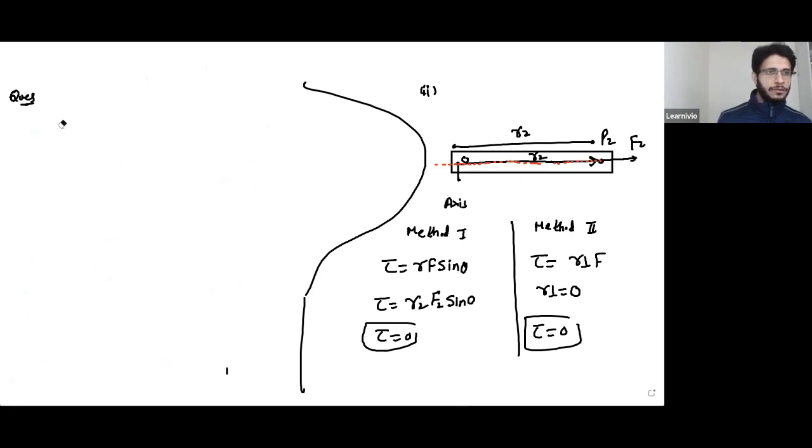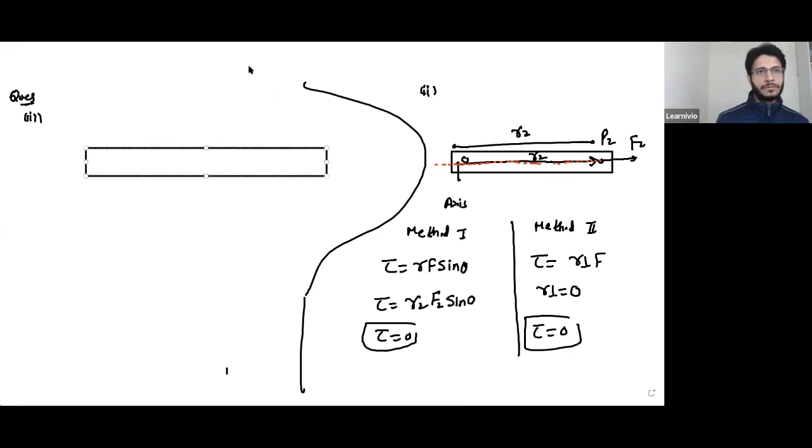Now I'm giving numerical values. This is the third one. This is the origin. This is P3. The separation over P3 is, say, 10 meter. A force is applied in this way. This angle is 120 degree.